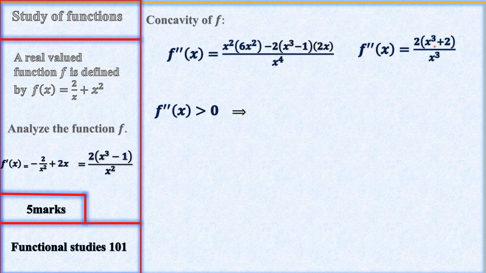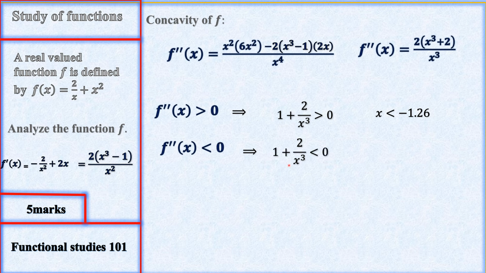When you divide this, you have 1 plus 2 on x cubed, which is greater than 0. And when you solve this inequality, you will be left with x less than negative 1.26, approximately to 2 decimal places. The other case, f double prime of x is less than 0, when this same part is less than 0. When you solve that, you have x greater than negative 1.26.